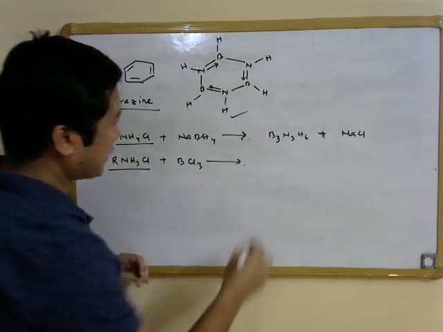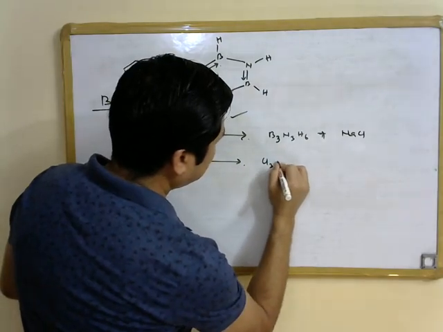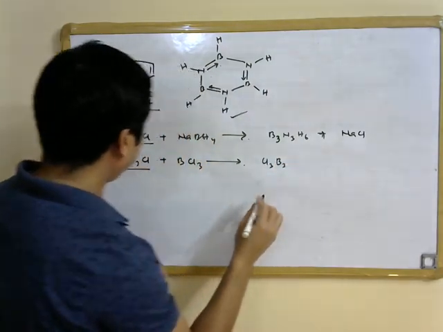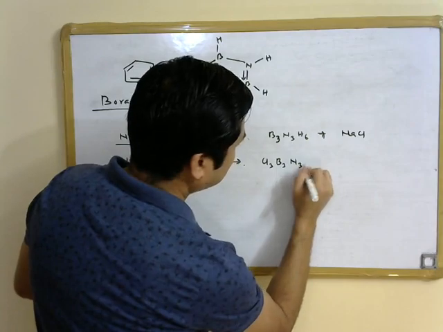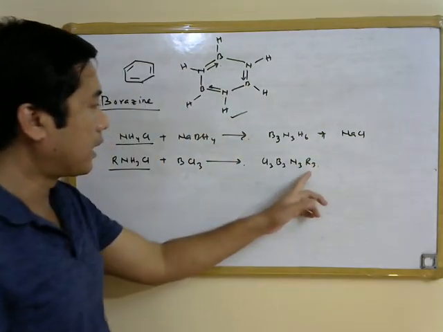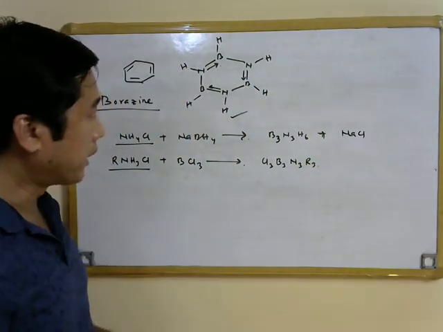Then we will get Cl3B3N3R3, where the R groups are attached to the nitrogen centers.